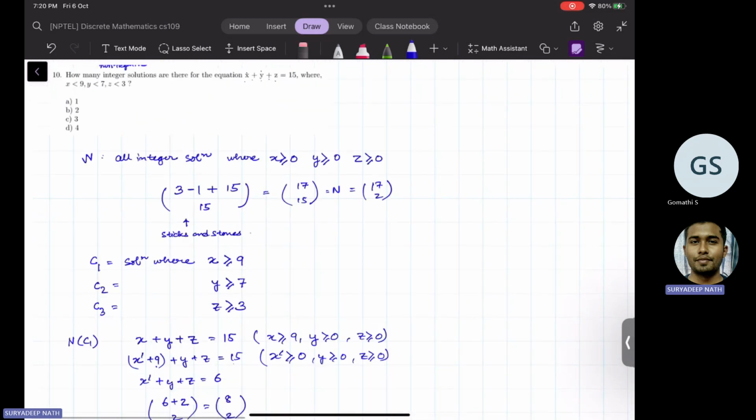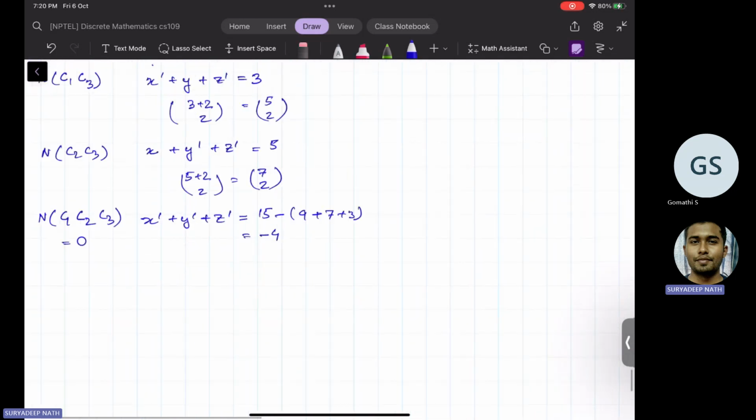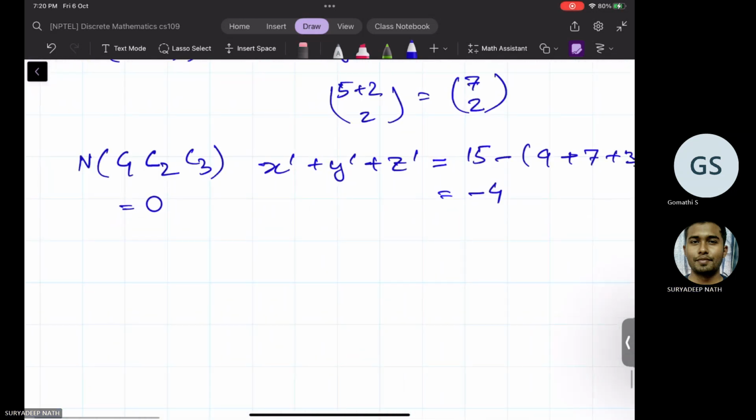So now if we substitute it, basically N of not C1, not C2, not C3 is what we want.